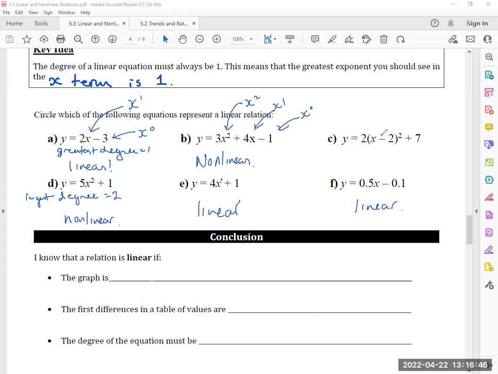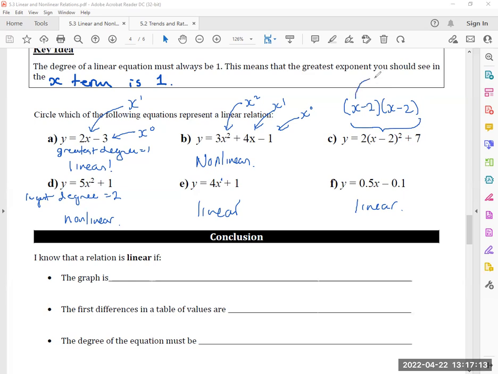It would be nonlinear, and let me explain. Up until this point, you've done algebra for me, so I know I can say this. x minus 2 to the power of 2 is like saying x minus 2 times x minus 2, correct? So far, so good? And when you have two brackets next to each other, what did you learn to do? Distributive property.